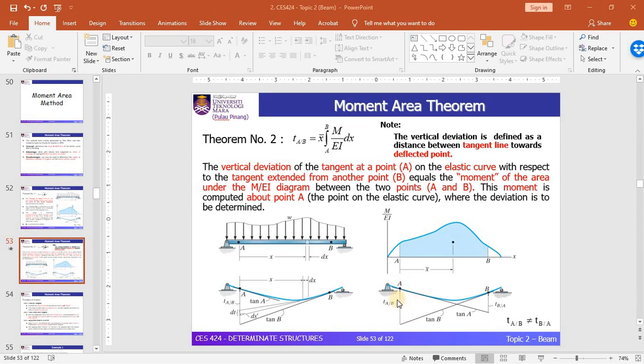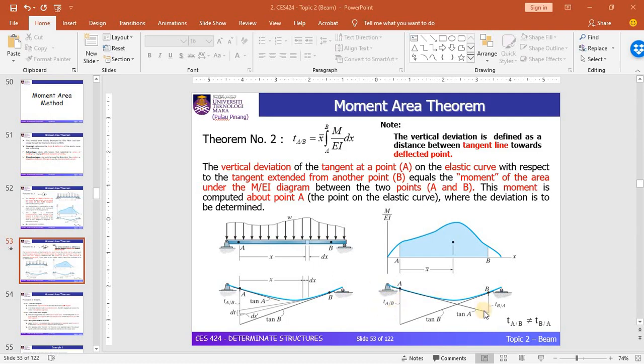So this vertical deviation can be calculated by using the M/EI diagram, where you can use this particular equation. Let's say our range is A to B. Looking at this diagram, the area of the M/EI diagram from A to B represents the vertical deviation for the tangent AB.